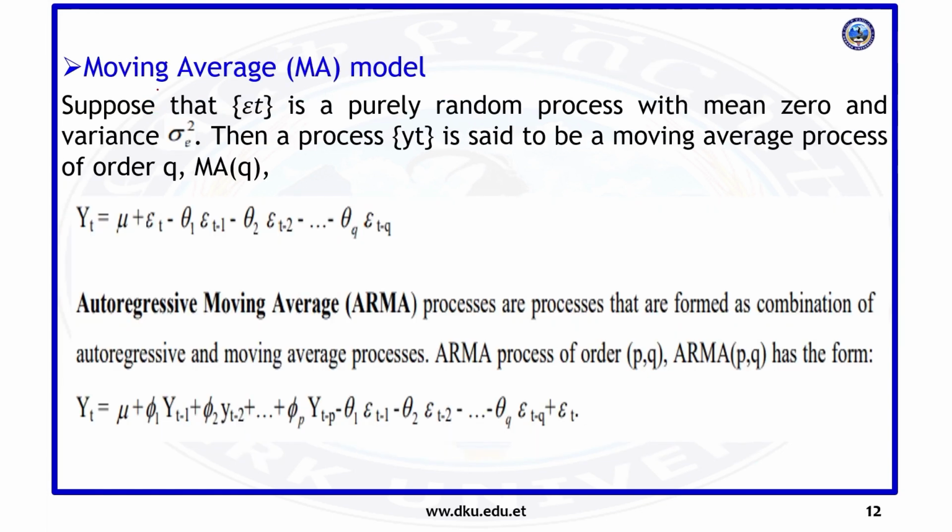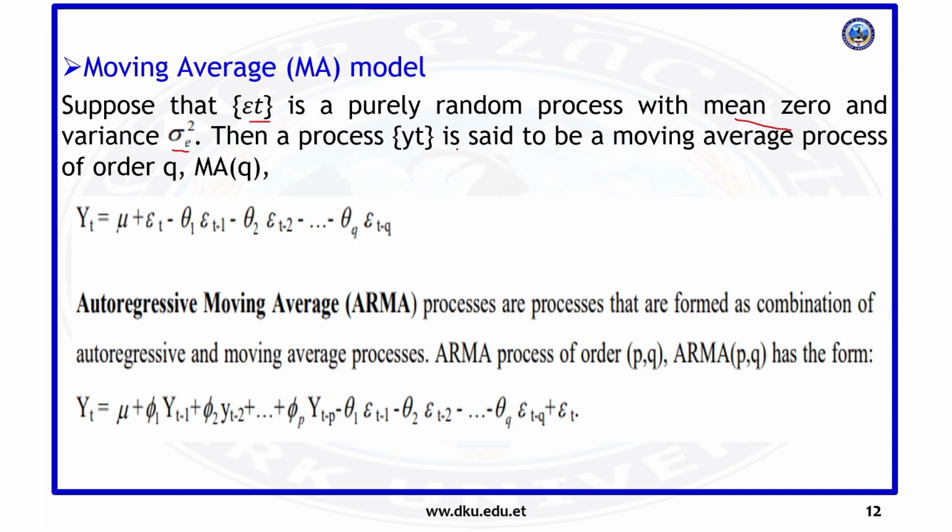When it comes to the second model, the moving average model: suppose e_t is a purely random process with mean 0 and variance sigma squared.